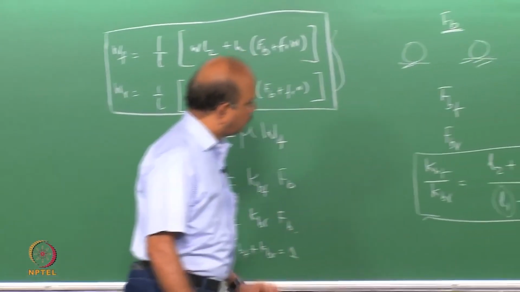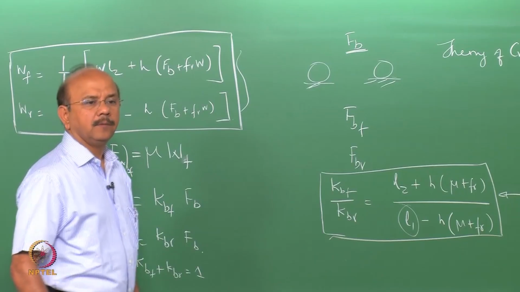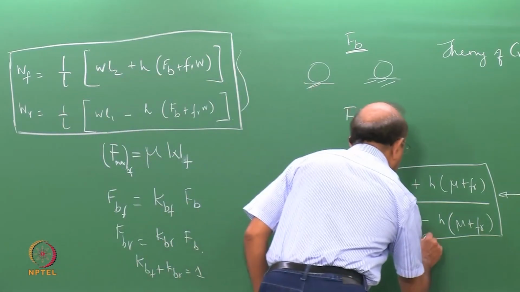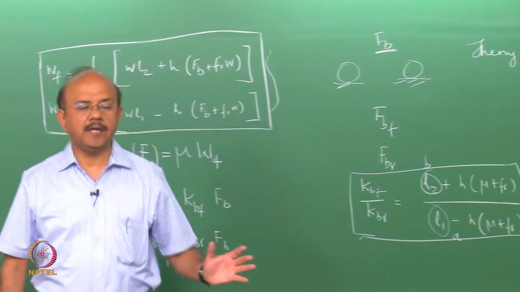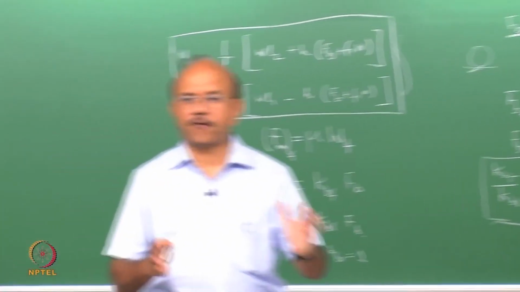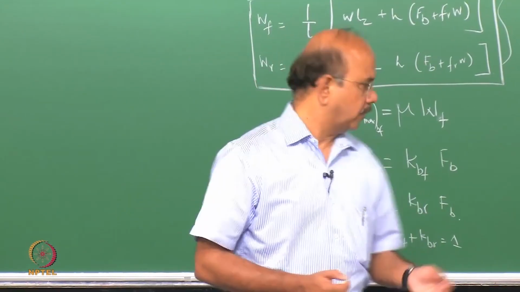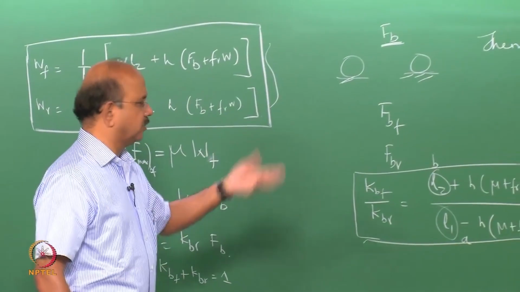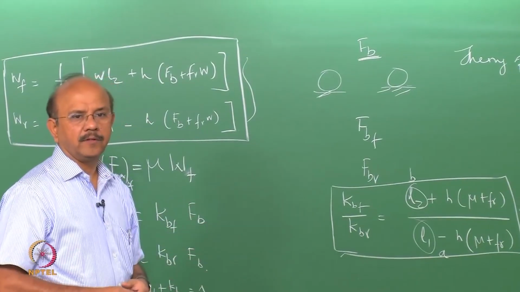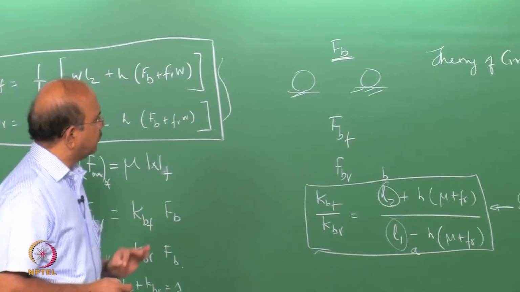One thing I want to point out is that instead of L1 and L2, people also use A and B. A and B is very common, A being the distance of the CG from the front, B being the distance of the CG from the rear. I use capital L and small l interchangeably. Both mean the distance between the two wheels. So this is the ideal ratio.